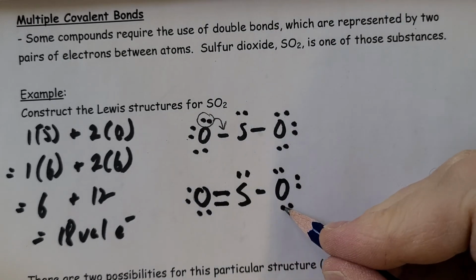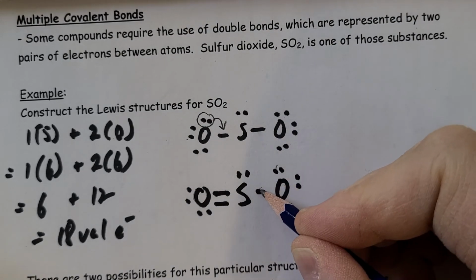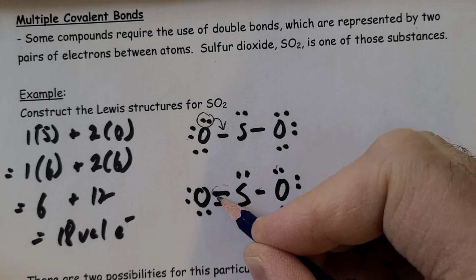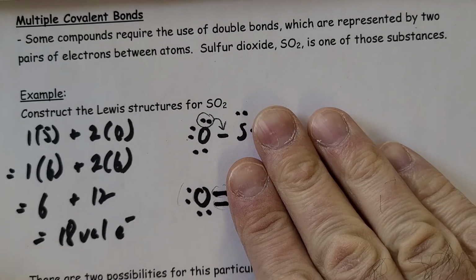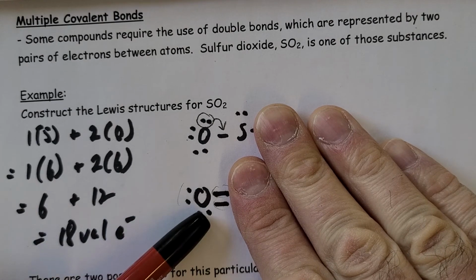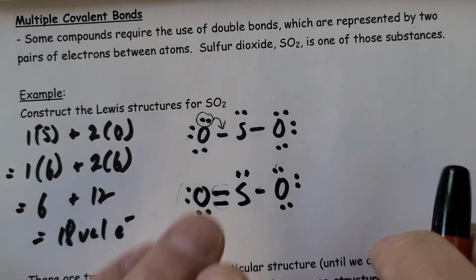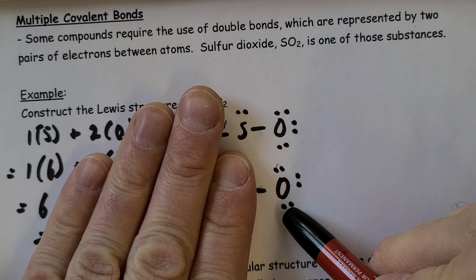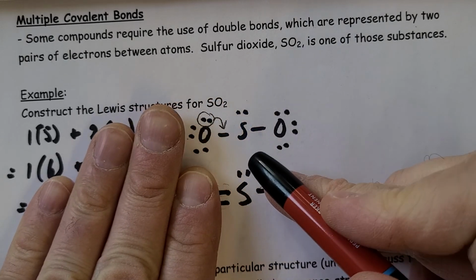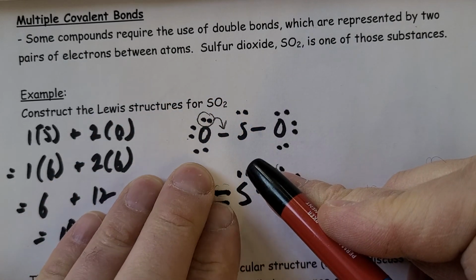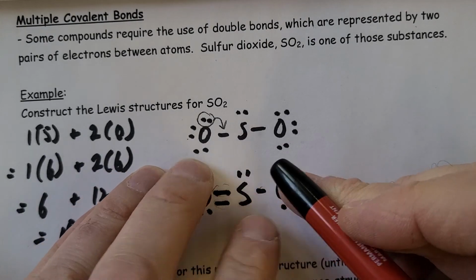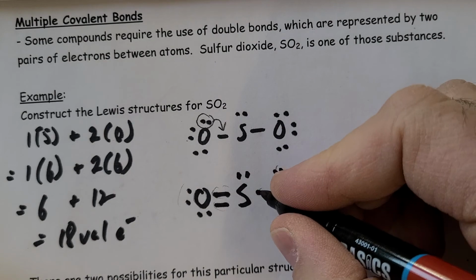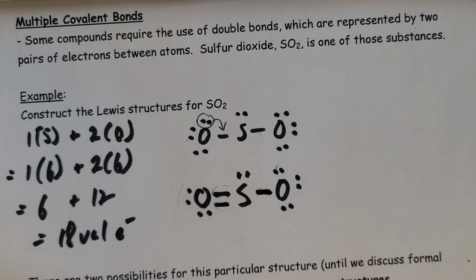Take a look: 2, 4, 6, 8, 10, 12, 14, 16, 18. And if I look at what each item has, 2, 4, 6, 8. 2, 4, 6, 8. Then look at the sulfur, 2, 4, 6, 8. We have an octet around every atom.